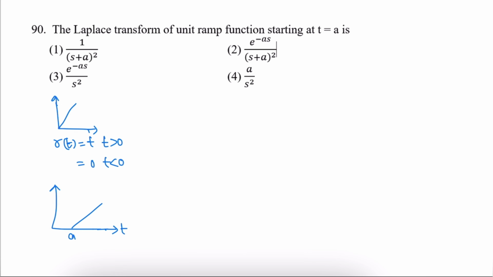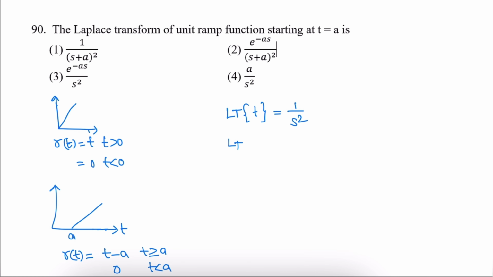The mathematical representation of this signal is r of t is equal to t minus a for t greater than or equal to a, and it is 0 for t less than a. We know that the Laplace transform of ramp signal t is 1 by s square.